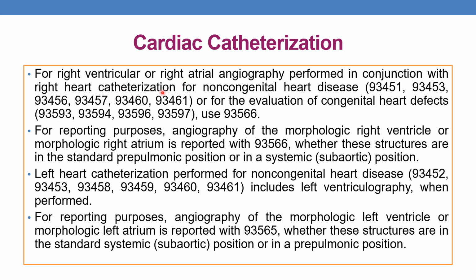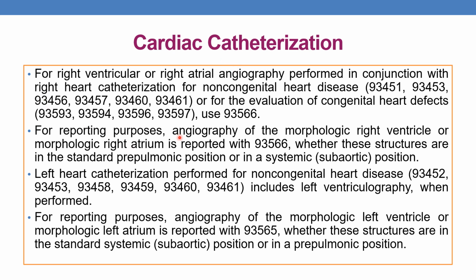For right ventricular or right atrial angiography performed in conjunction with right heart catheterizations for non-congenital heart defects or disease, or for the evaluation of congenital heart defects, you need to use code 93566 because this is not included. Atrial angiography is not included in cardiac catheterizations.